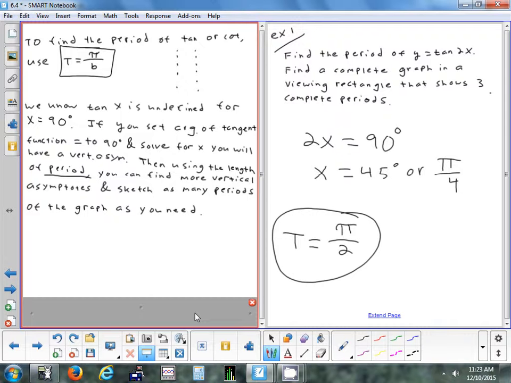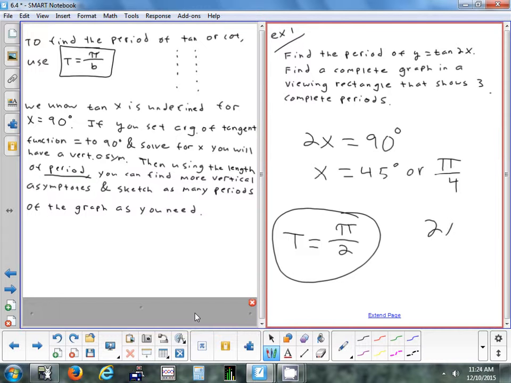Yeah, so he was just saying take the period pi over 2 and divide by 2 to get the asymptote. Well, not necessarily 2, but whatever b is. Yeah, I think that should usually work because in this case we had 2x equal to 90 degrees, which would be like saying 2x equals pi.